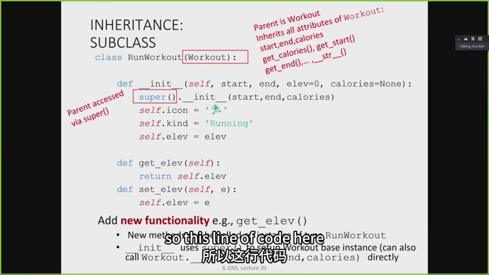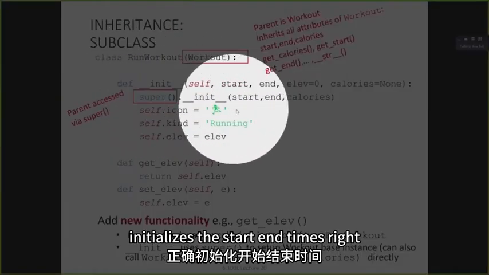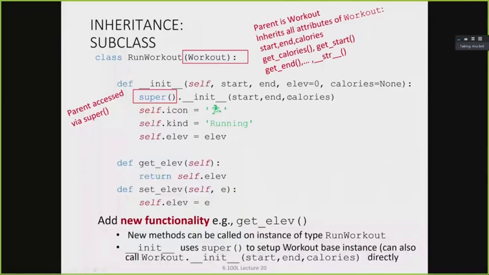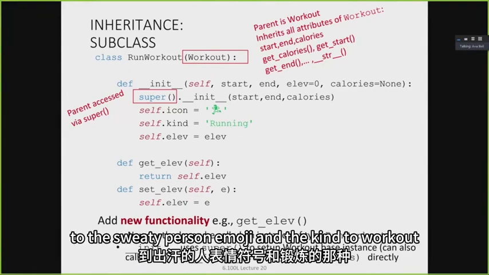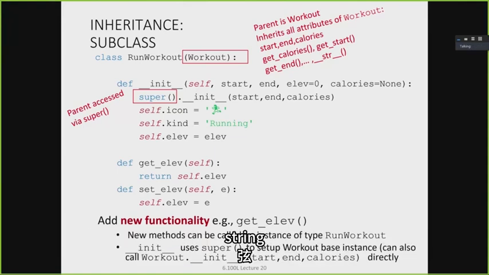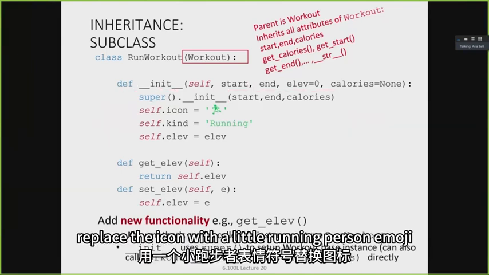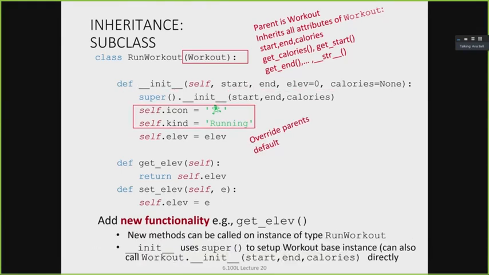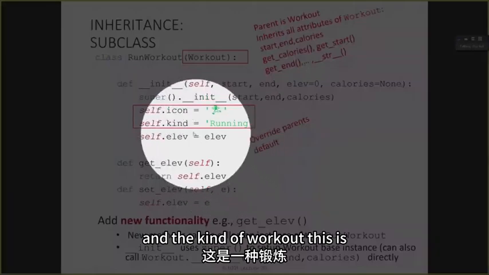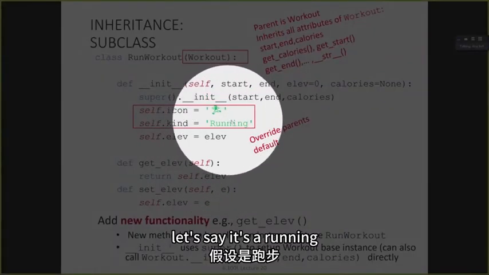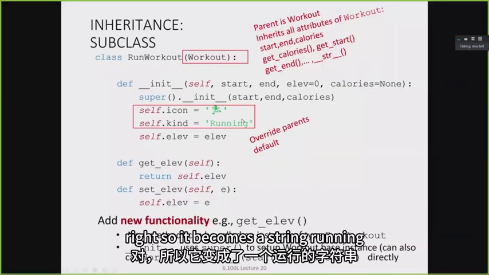So this line of code here initializes the start and end times, right, by parsing them, the calories, and the icon to the sweaty person emoji, and the kind to the workout string. But since this is a run workout, I would like to replace the icon with the little running person emoji. And the kind of workout this is no longer just a workout. Let's say it's a running workout, right? So it becomes a string running.